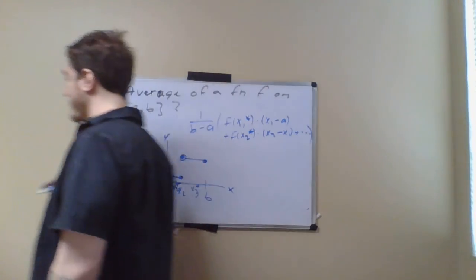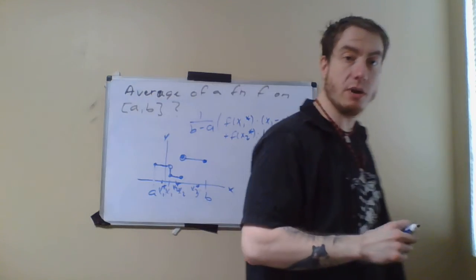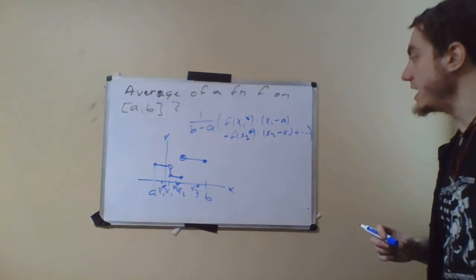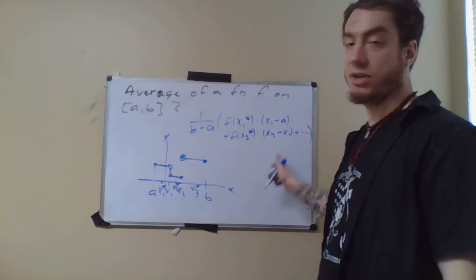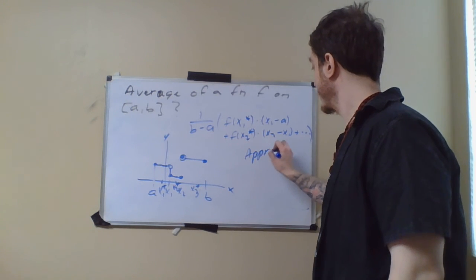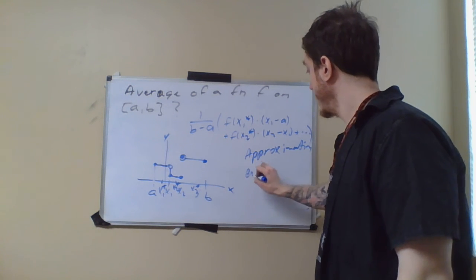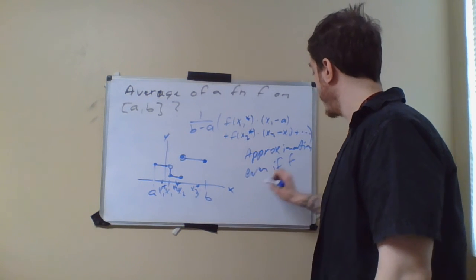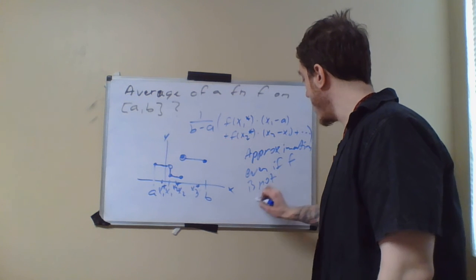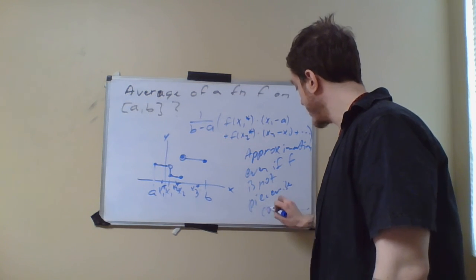So we need this 1 over b minus a in order to make that work. And then we can say that actually, we can make this kind of sum work as an approximation even if f is not piecewise constant.